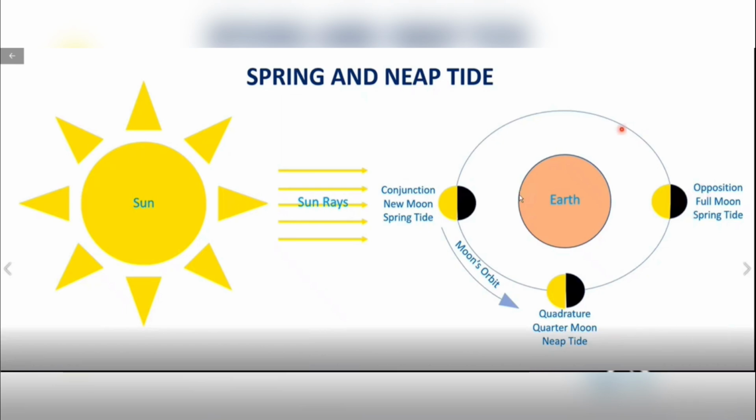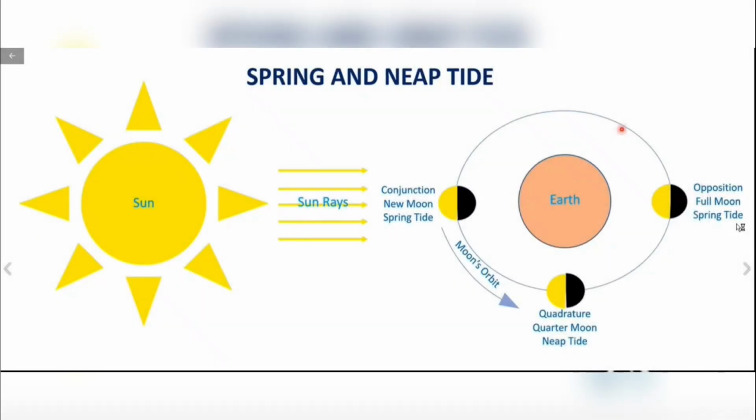The bulges will be towards the sun and towards the moon. Both the bulging parts of the water will be towards the sun and towards the moon. So we will again have a spring tide in this particular situation. Okay, very good.